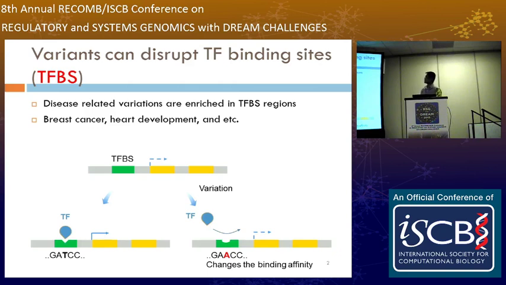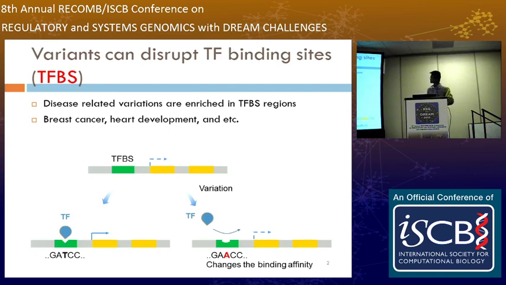Here we call them TFBS, and a lot of known literature shows that disease-related variations are enriched in the transcription factor binding regions.